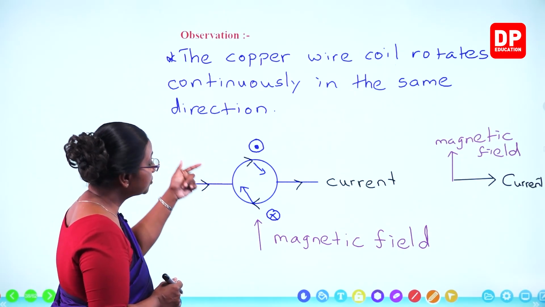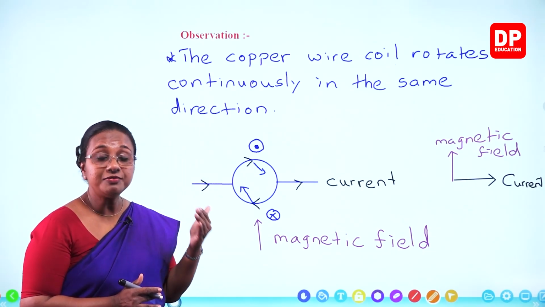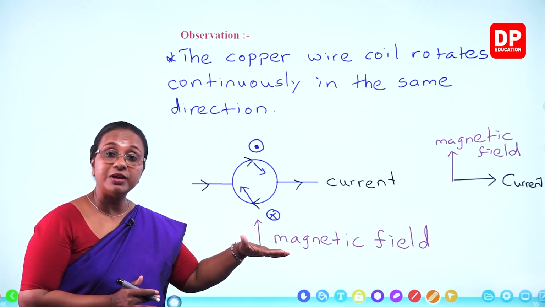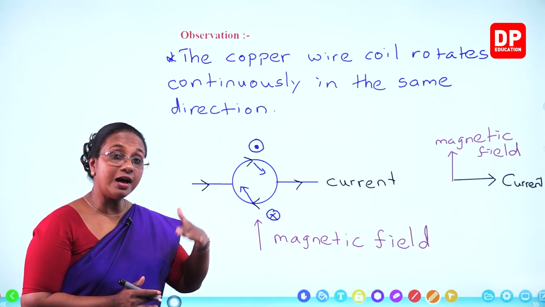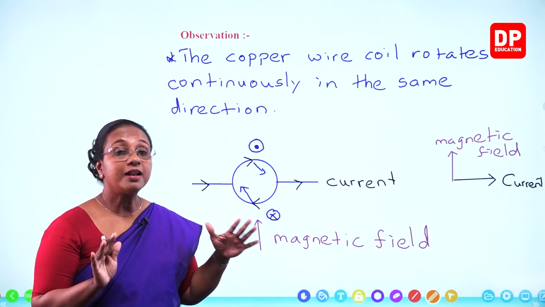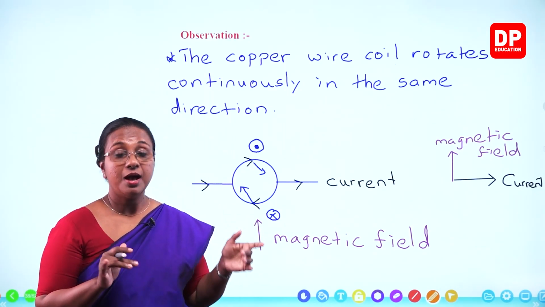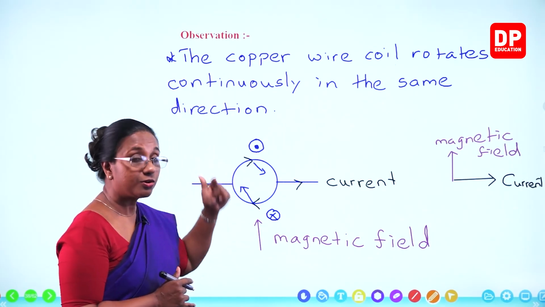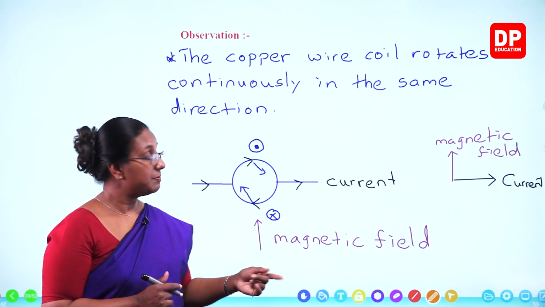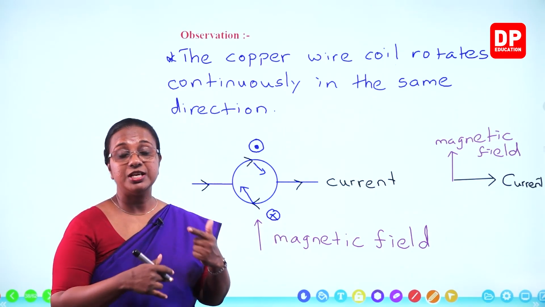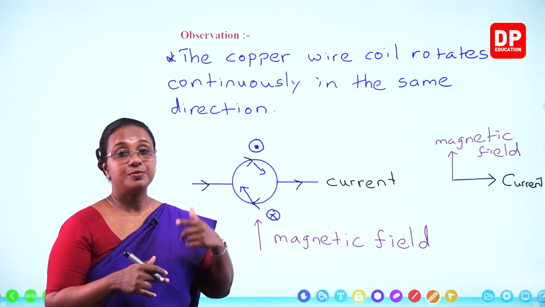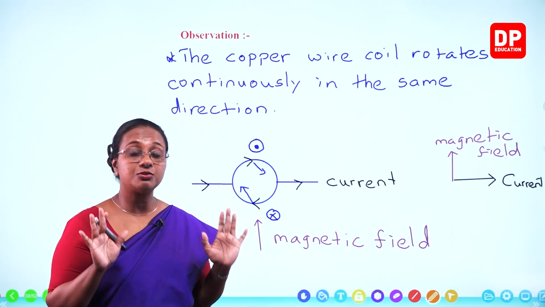So when there is rotation, for half the cycle, current will be flowing through the copper conductor. The other half, current will not flow. But still, the coil will rotate continuously. Why? Because already there is a force. That force will keep on pushing the coil around. So because of that, there will be continuous rotation.